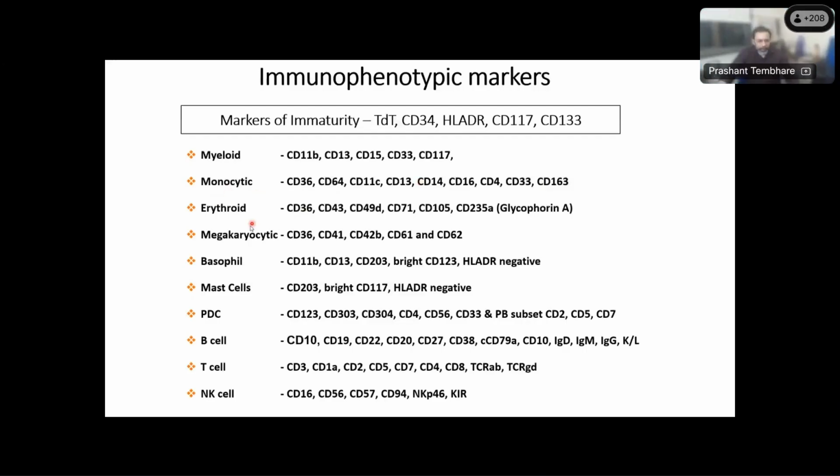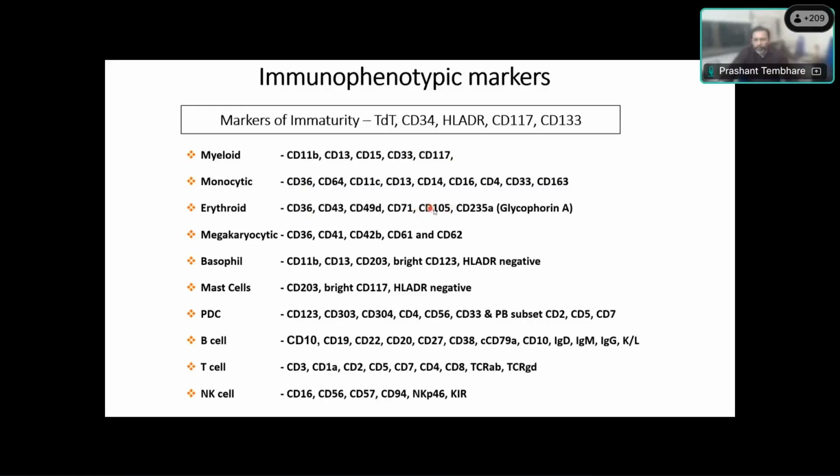antigen presenting cell. Then for erythroid lineage, in addition, we use CD36. CD36 is common here, but CD13 and CD33 are usually absent. These myeloid markers are usually absent in erythroid cells, but they express other markers like CD71, strong expression of CD71.